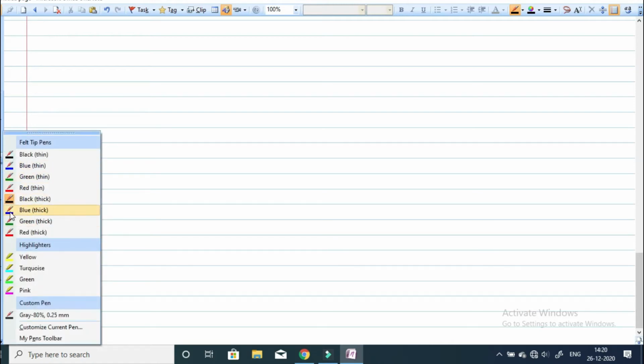What is the meaning of biasing here? There are two types of biasing for the PN junction diode: one is known as forward biasing and the other is known as reverse biasing.